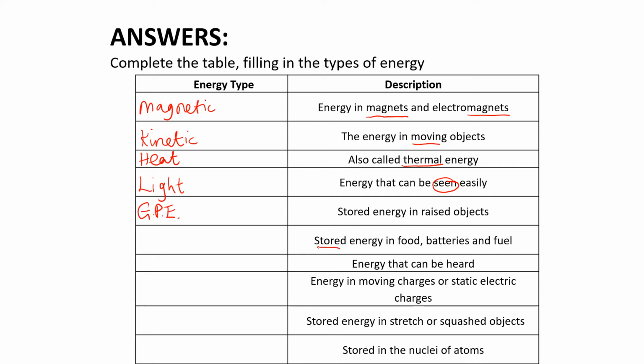The stored energy that we find in food, batteries and fuel, well, that is chemical energy. Energy that can be heard is sound. The energy in moving charges, or static electric charges, is electrical energy.